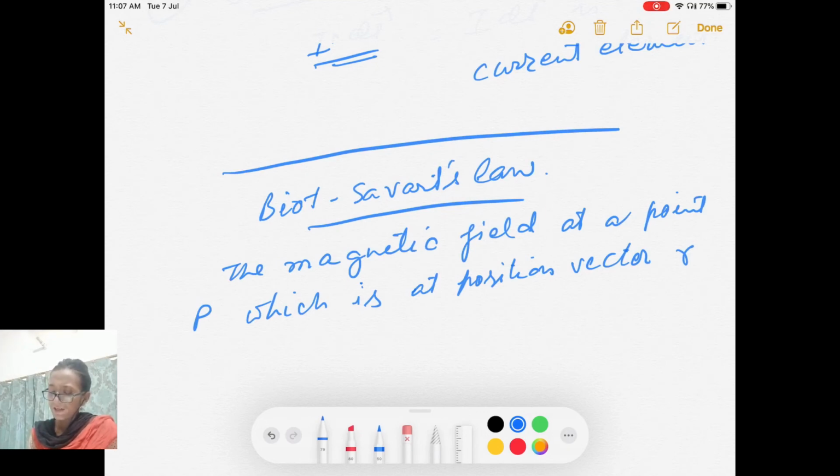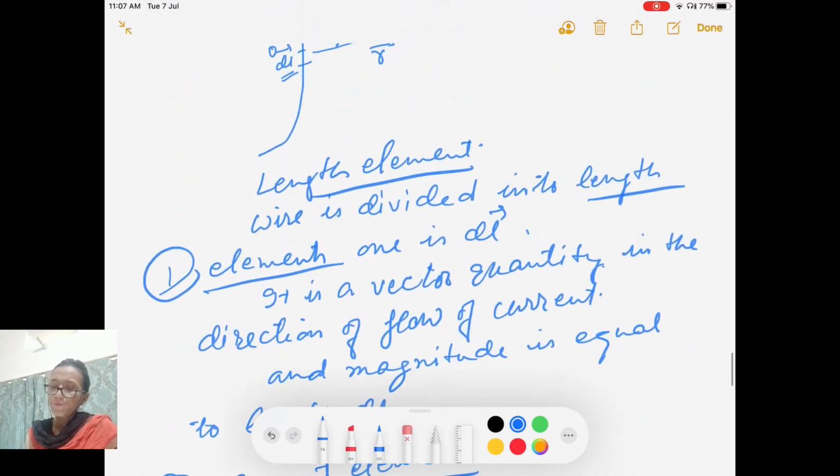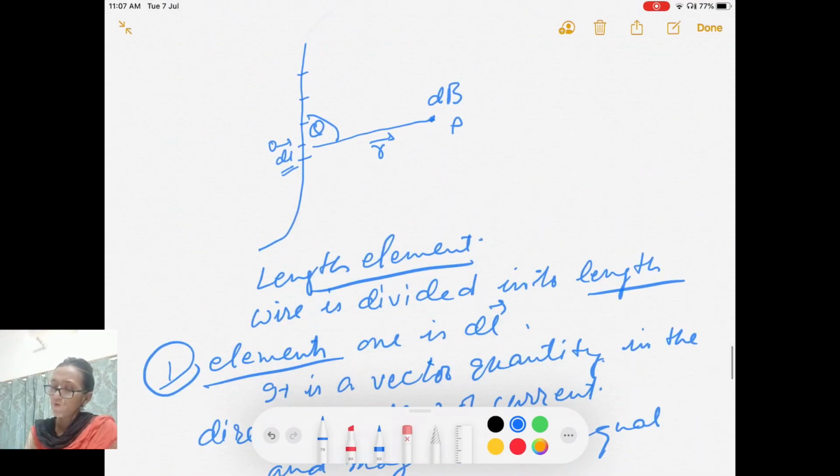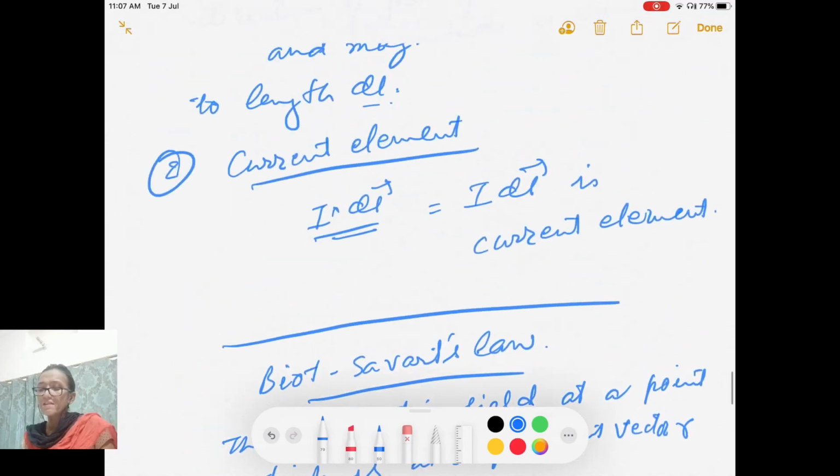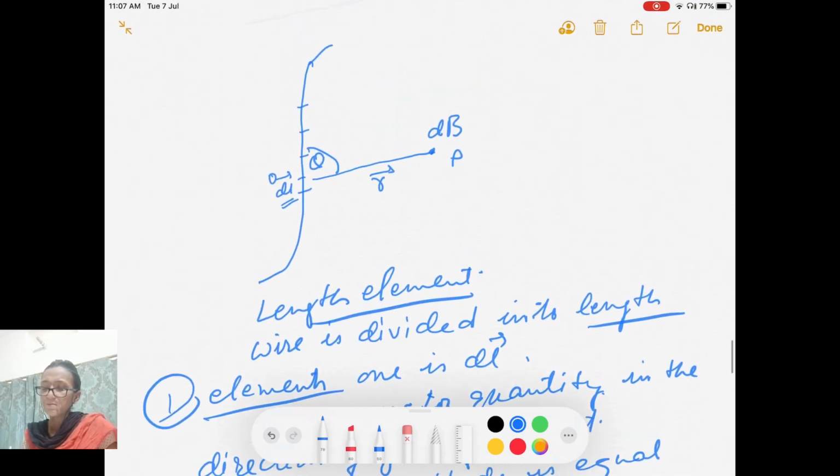So let me write displacement vector r from length dl. Now this displacement vector and dl is making angle theta.